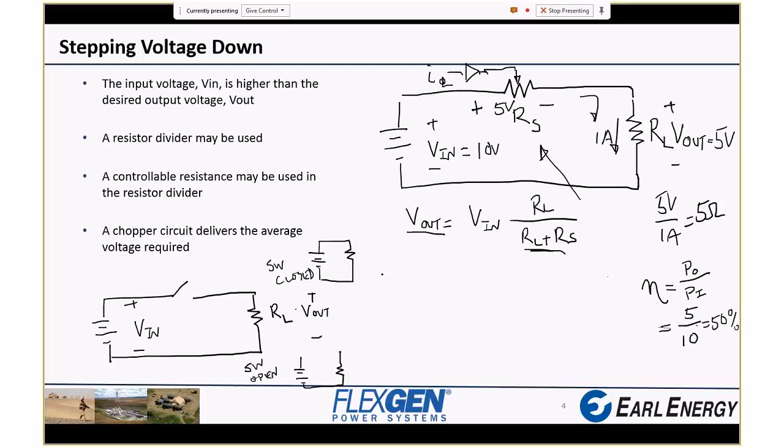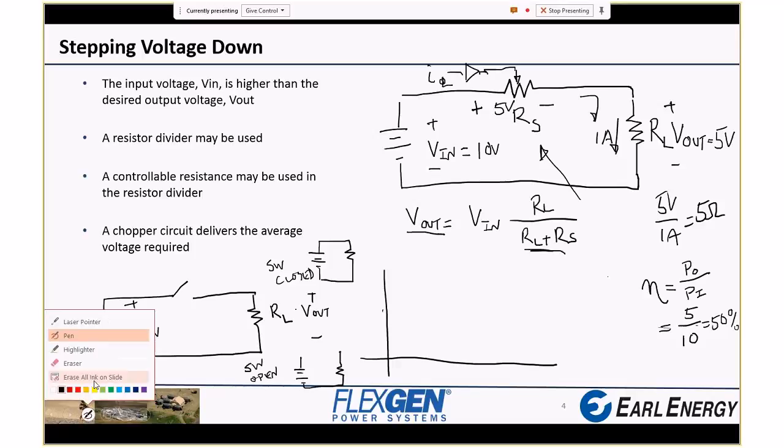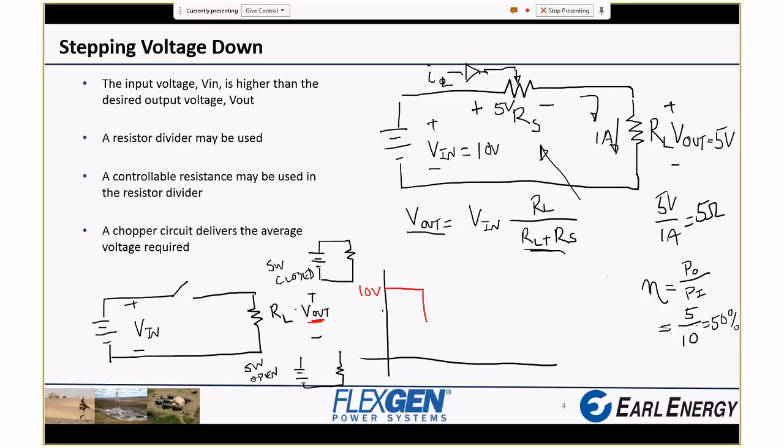So if I draw that on a plot, I'm going to say V out is red here. So when the switch is closed, the voltage across the load is 10 volts. When the switch is open, the voltage across the load drops to 0 volts.